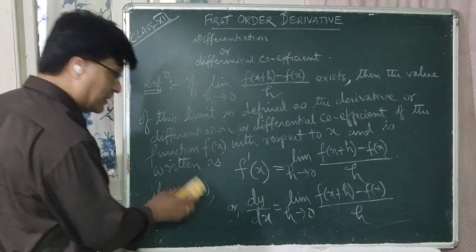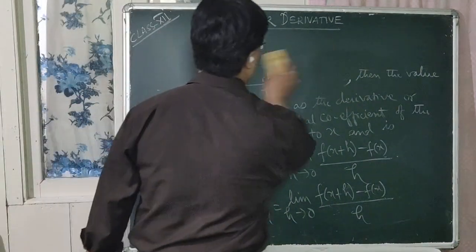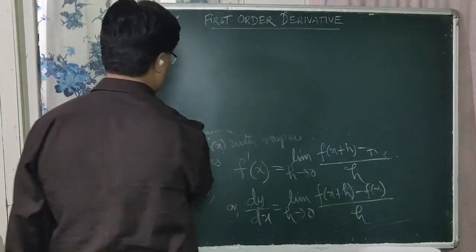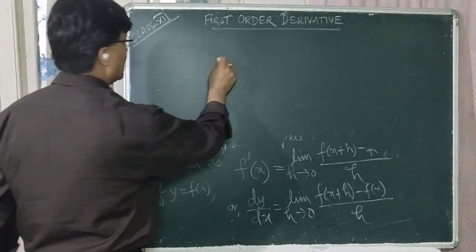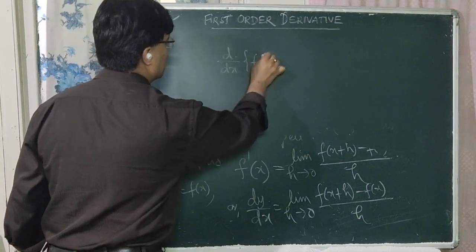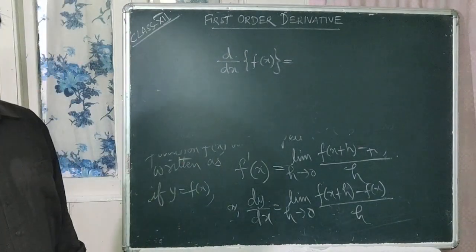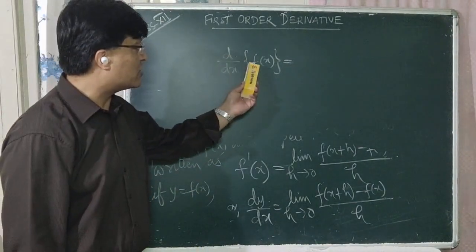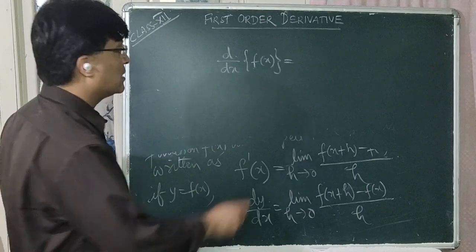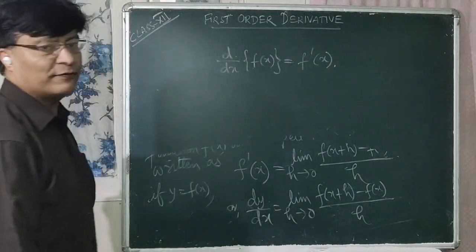Now, in this case, I have written if y is equal to f of x, that is d by dx of f of x. What is the meaning of d by dx of f of x? That is differentiation of f of x with respect to x. Its formula is f dash of x.